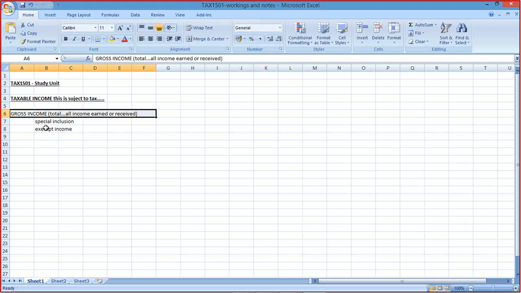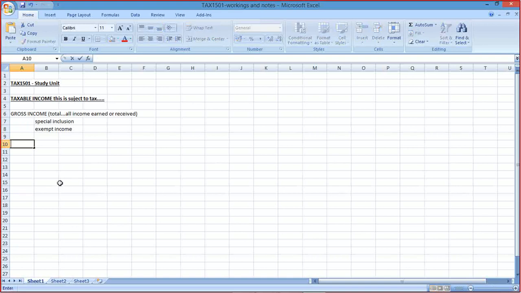Okay, so that's looking at gross income. Certain things you have to put in, certain things you take out. And then that's going to give you an amount that you're going to be using as a subtotal, which will then be taken off against your deduction. So less deductions, so afterwards you'll have deductions and allowances.